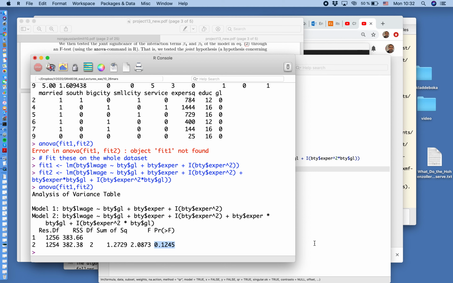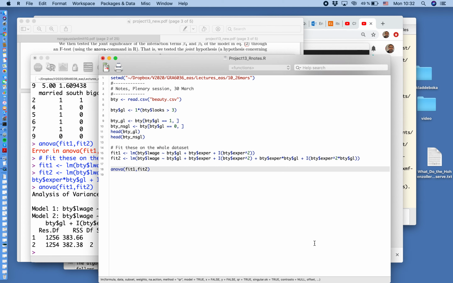We see that this p-value of 12.5% is, at most reasonable significance levels, the typical significance level being 5%. So this means that we do not reject the null hypothesis, which means that we do not reject the simpler model being true based on this test.